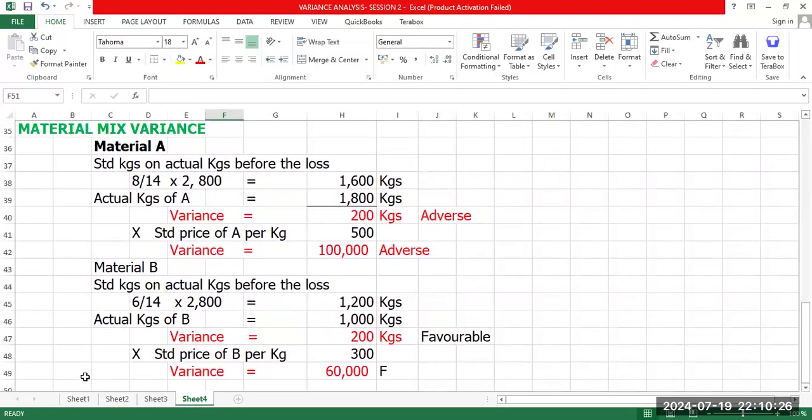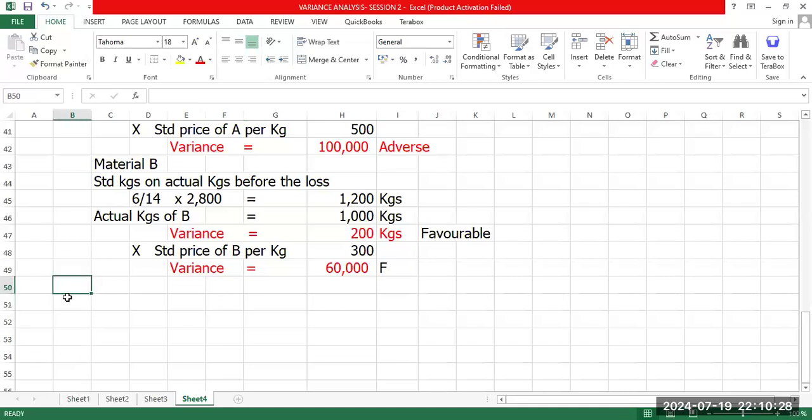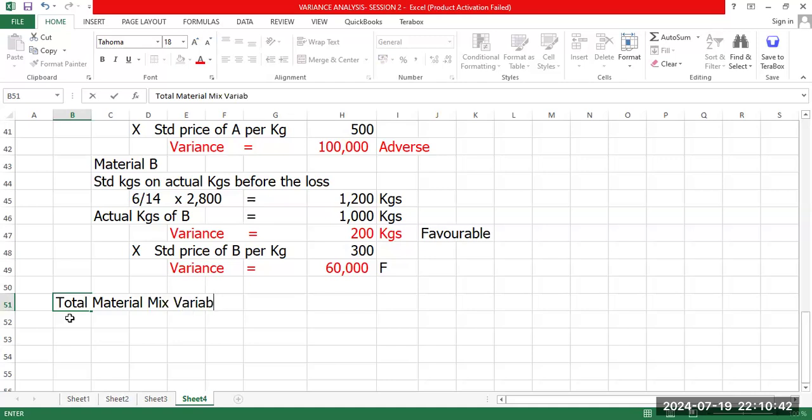Finally, get the total material mix variance.